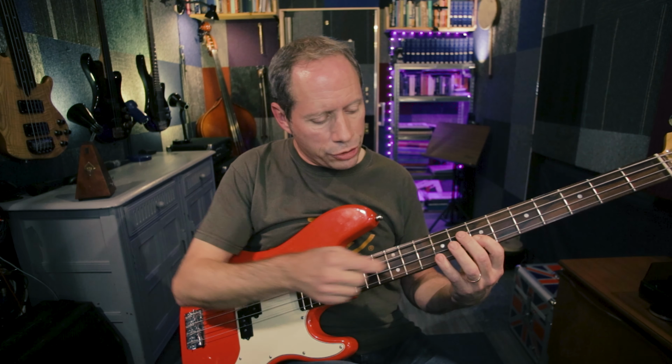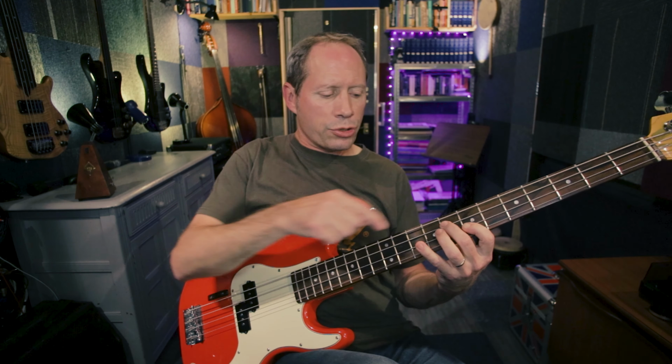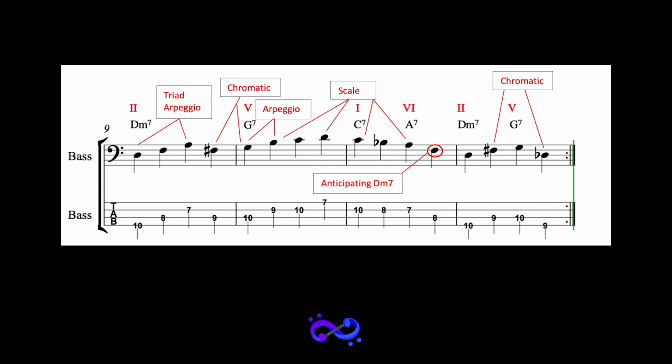So again I'm using the scale, and notice how the third of G is now changed into the 7th of C. Down the scale to A, and again using that minor third to take me to the D, chromatically up to the G, then chromatically down into the C. There's a classic 1, 6, 2, 5, 1. 6, 2, 5, 1.